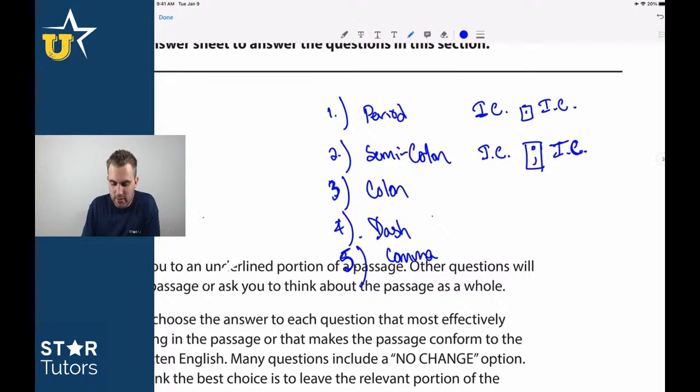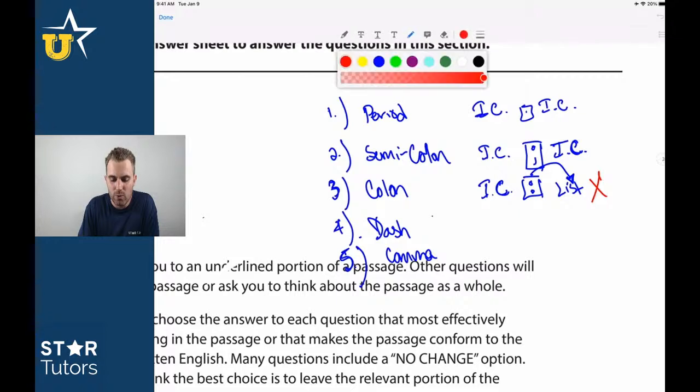For a colon, it's independent clause and then whatever. It doesn't matter what comes after this. There's a million different things, and everybody's always concerned about the right side of the colon. This doesn't matter. I don't know if anybody knew this before, but as it applies to the SAT, whatever comes on the right side doesn't matter.